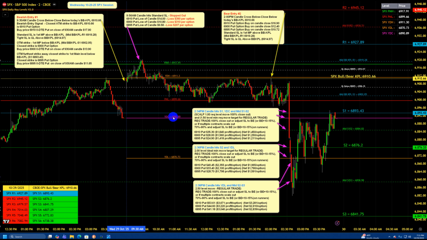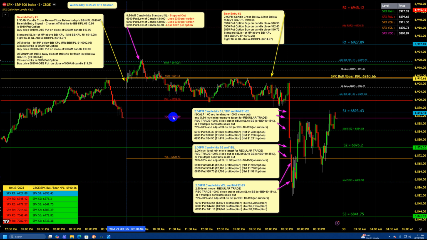However, the point is that that is also a very important level to watch as well, as is the YDL, yesterday's RTH session low.